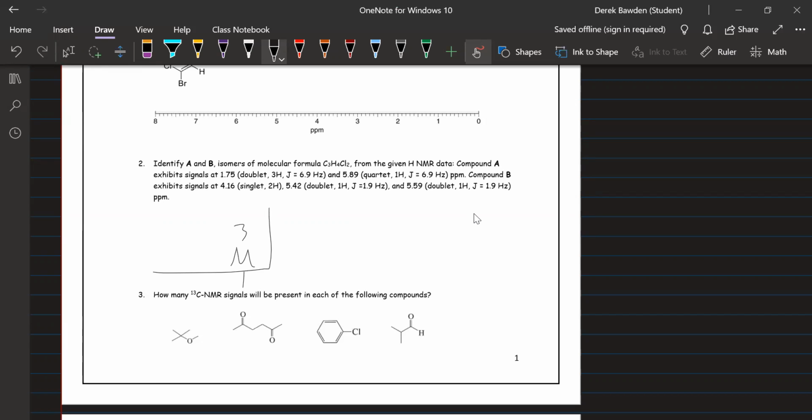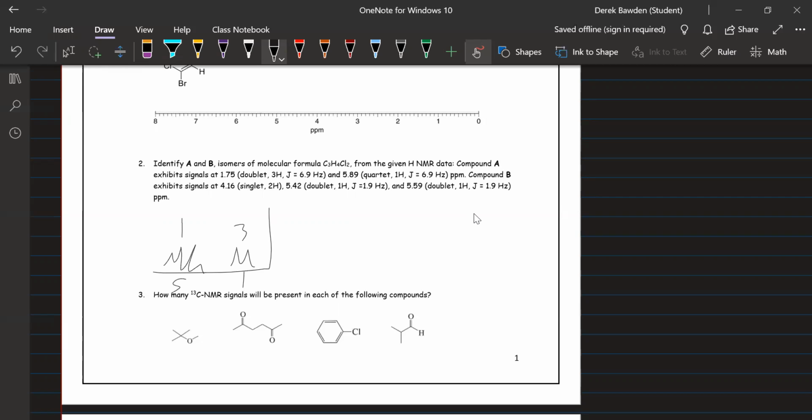Then at 5.89 we have a quartet, which is 4, and there's 1 hydrogen there. So that's our HNMR graph, rough. I'm having to draw with my finger, so I apologize, it's not working out great.